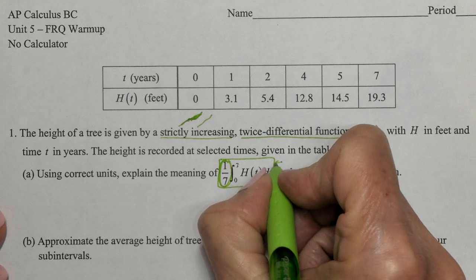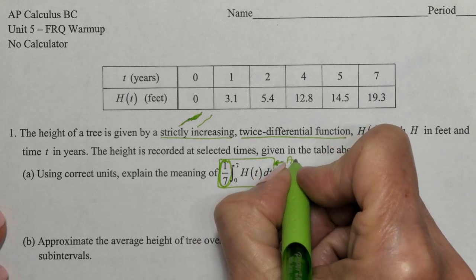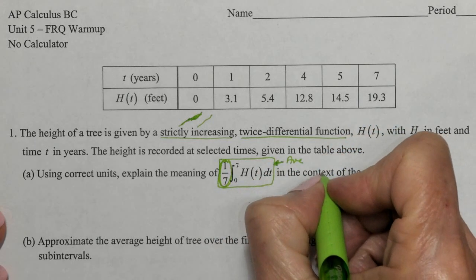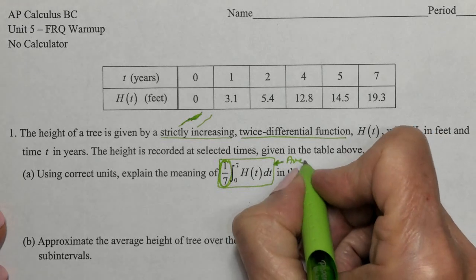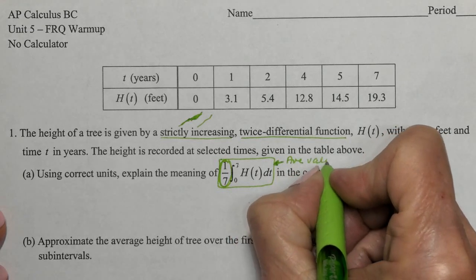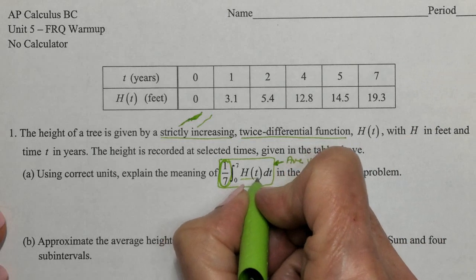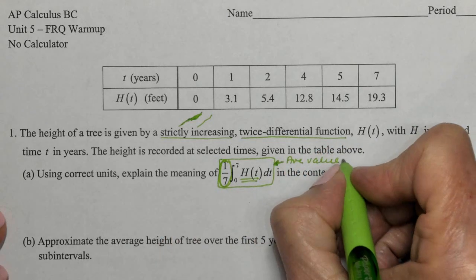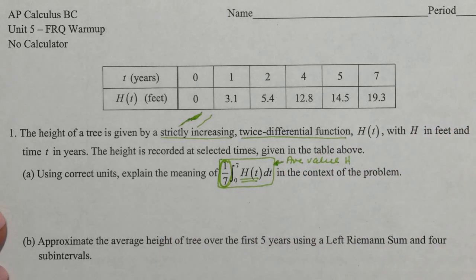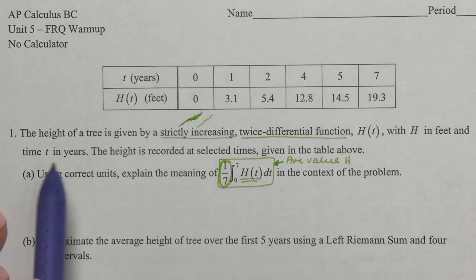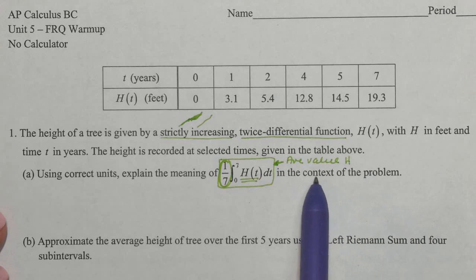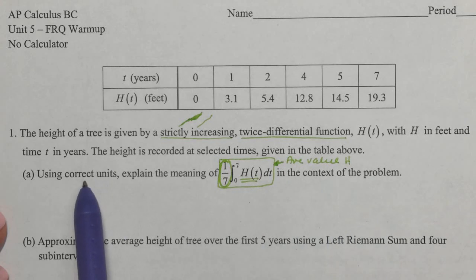We need to recognize this as the average value of a function formula. This is the average value of whatever function is sitting right here, in this case h. This is the average value of h. All we need to do then is to write it in the context of this problem using correct units.